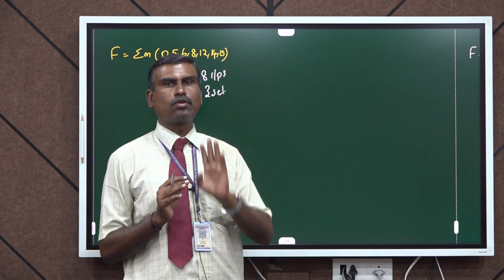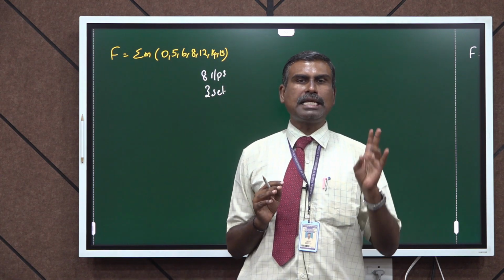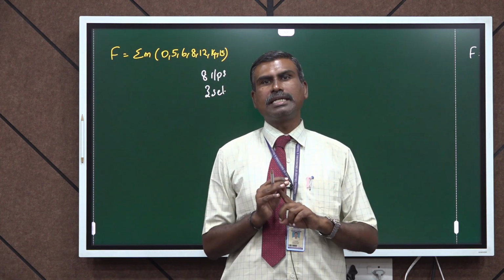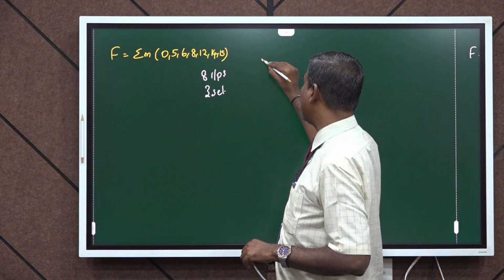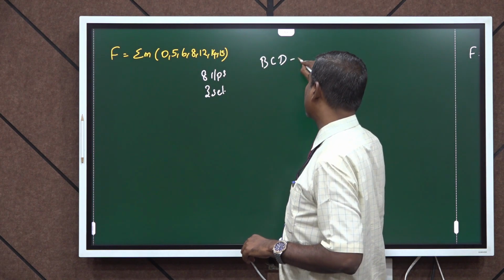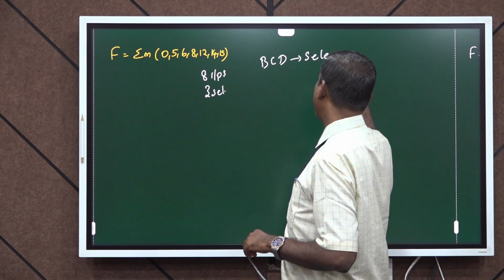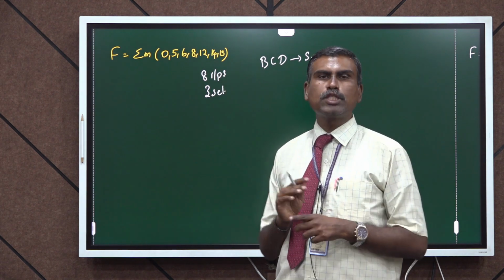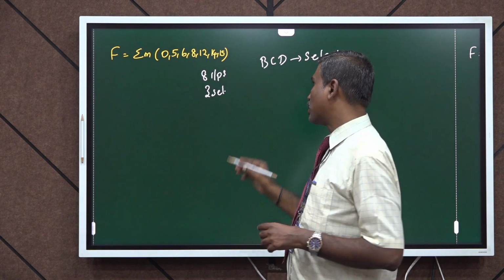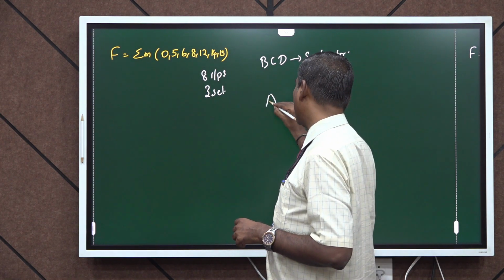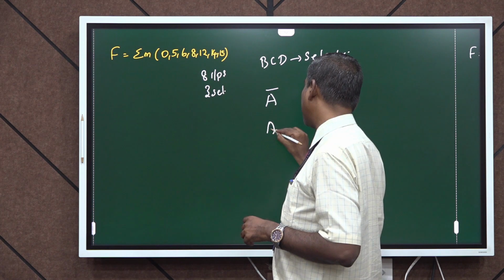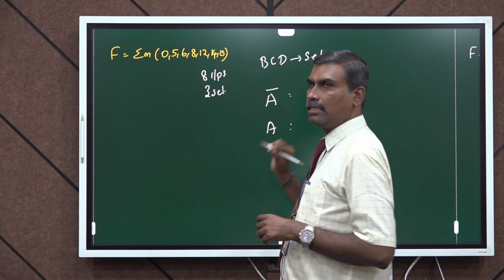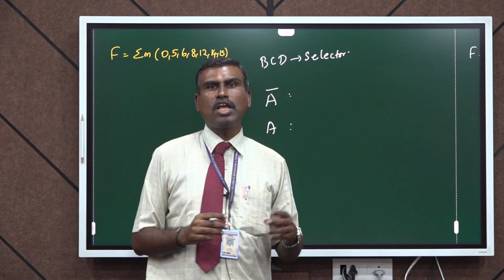Normally we select B, C, D as selector lines, and A acts as a data line. B is the MSB and D is the least significant bit. To get the data values, we separate A into 2 literals, A bar and A.